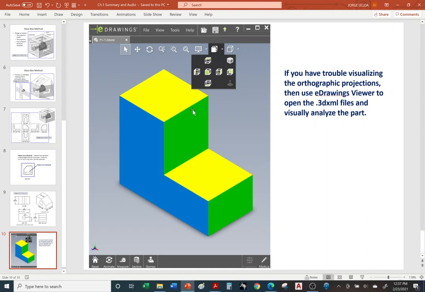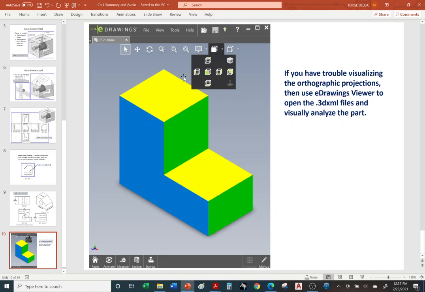If you want to download eDrawings on your personal computer, there's a Mac version and Windows version. Some students have told me that they've had issues opening the software on their Macs. I don't know if eDrawings has fixed that. But again, this is optional.